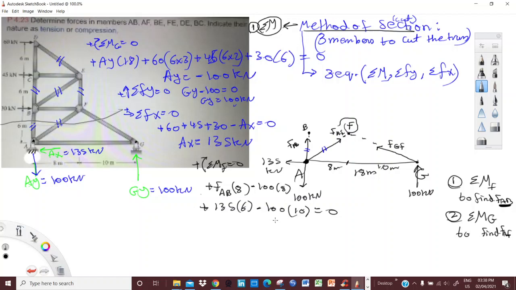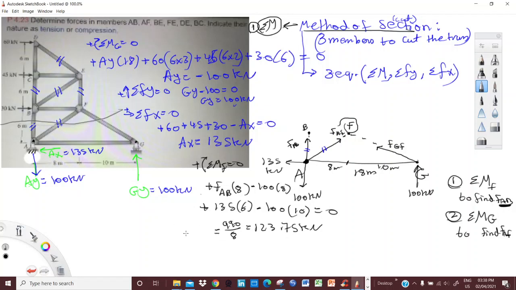The answer is going to be 990 divided by 8, which is equal to 123.75 kilonewton.